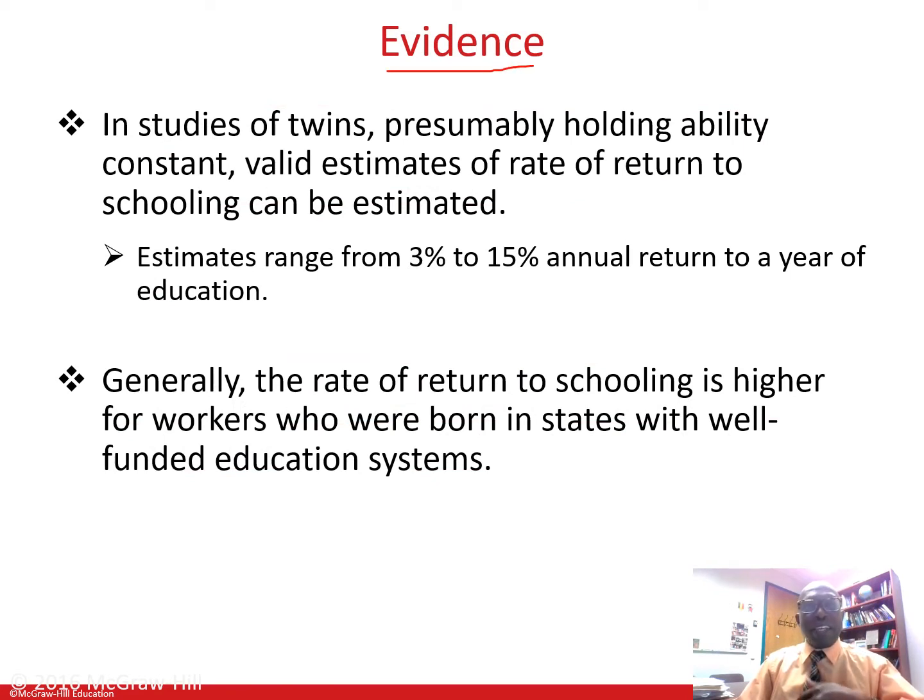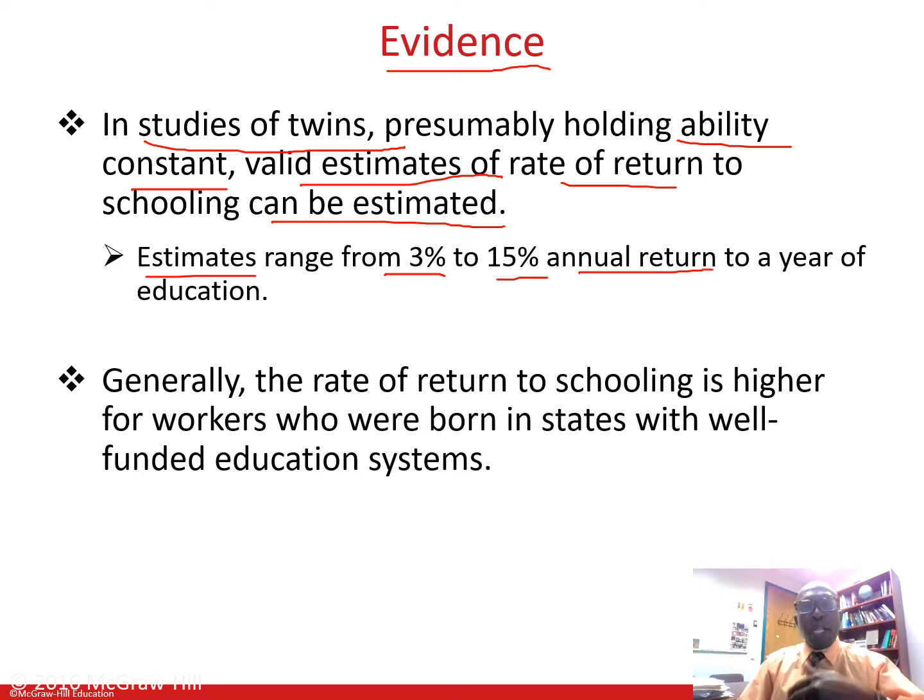What is the evidence in the empirical studies? In studies of twins, presumably holding ability constant, a valid estimate of the rate of return to schooling can be obtained. Estimates range from 3% to 15% annual rate of return to a year of education.